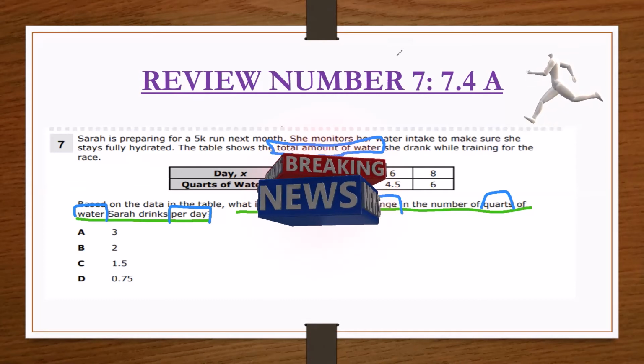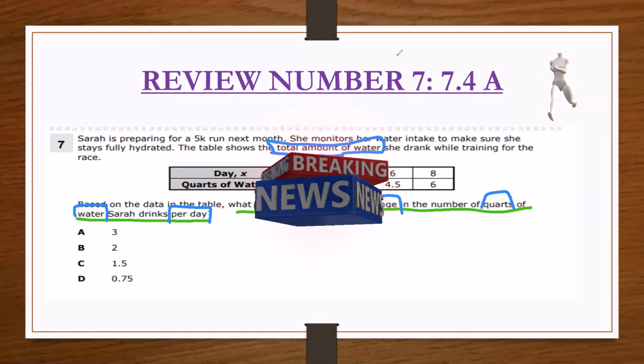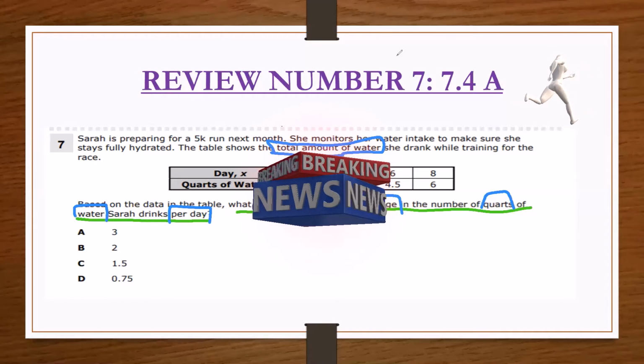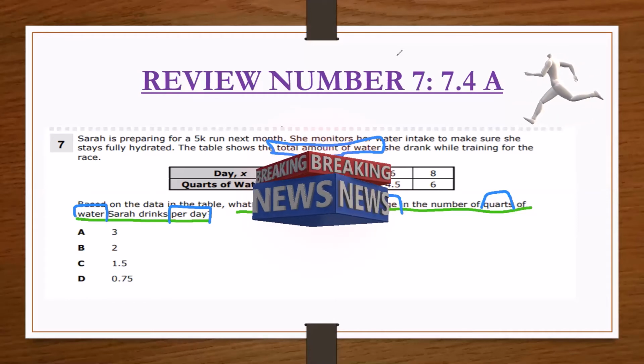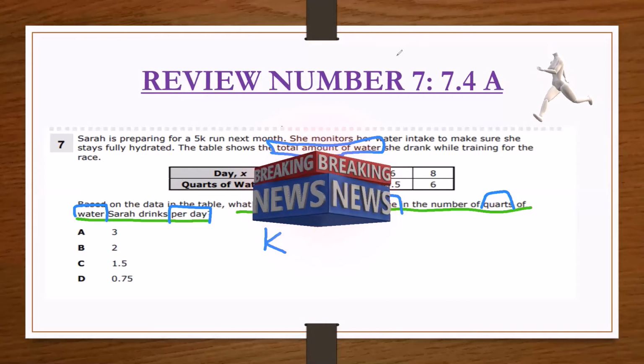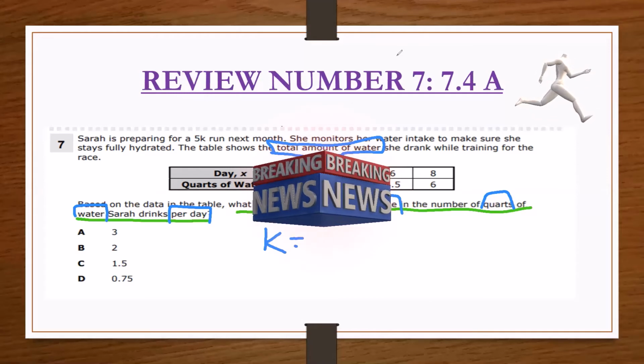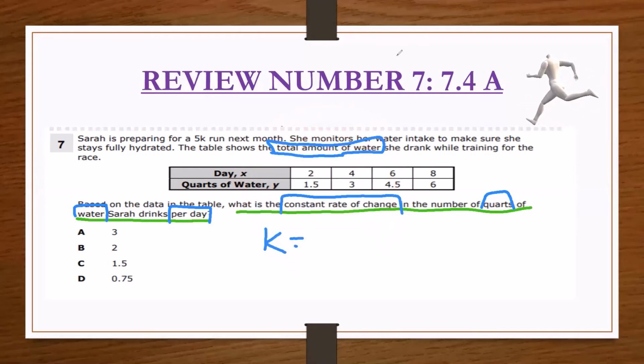Okay, now let's think about it. The constant rate of change formula is K equals Y over X. Let me see if I can change the color for my X. That's a little better.